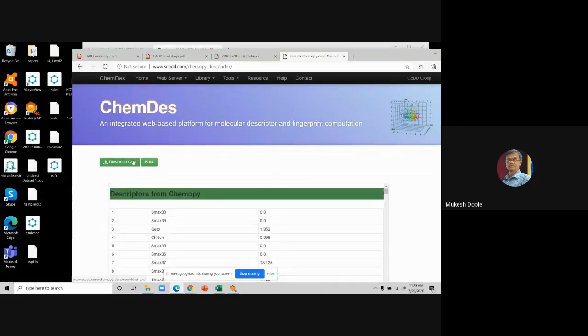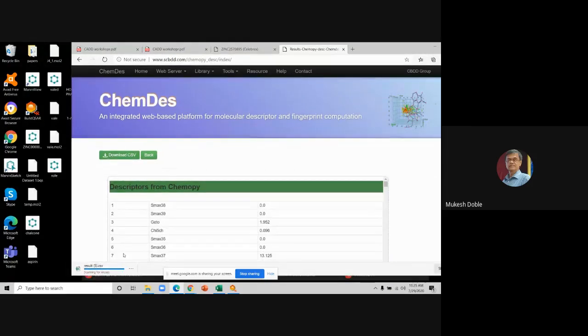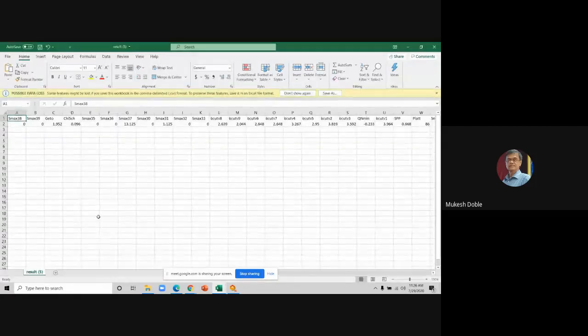Now I can download that into Excel, because later on I want to get these descriptors for all these 5 molecules. Then I will see which descriptor correlates with the activity. So I will download that in Excel. So I have downloaded that. You can see here the descriptor values.